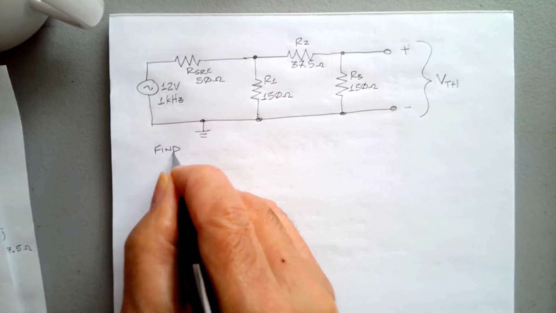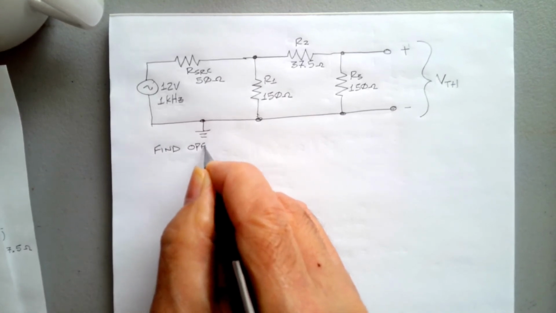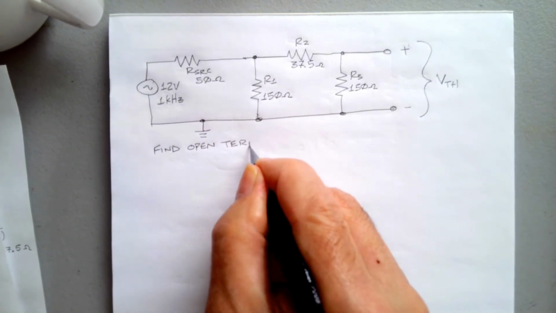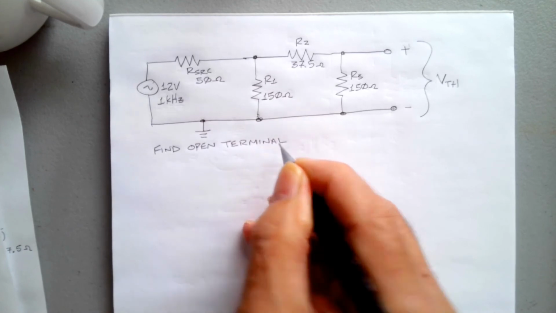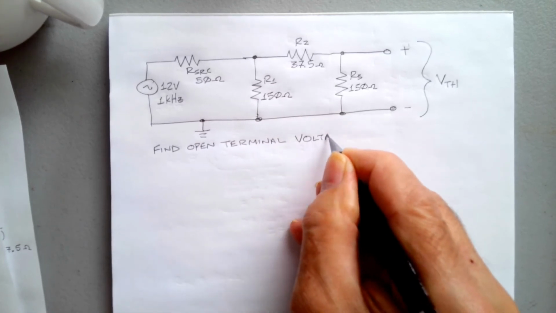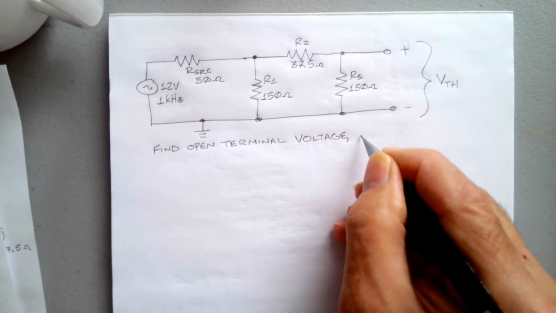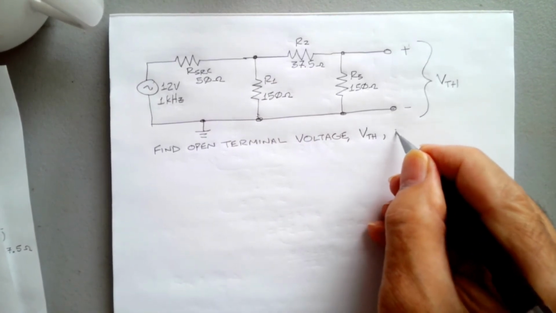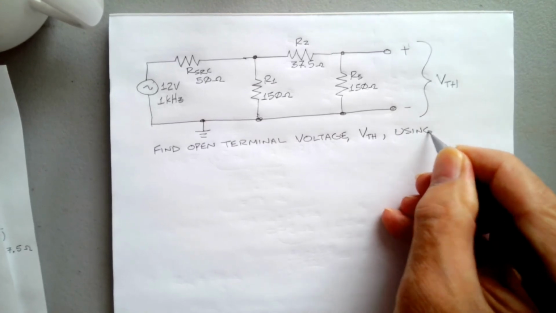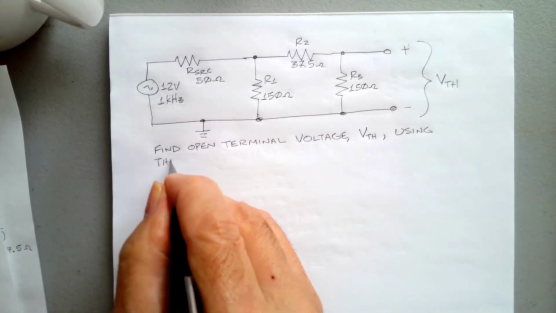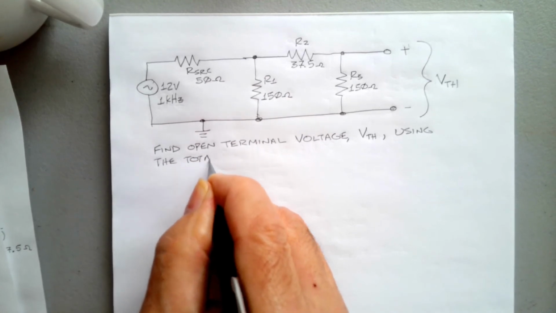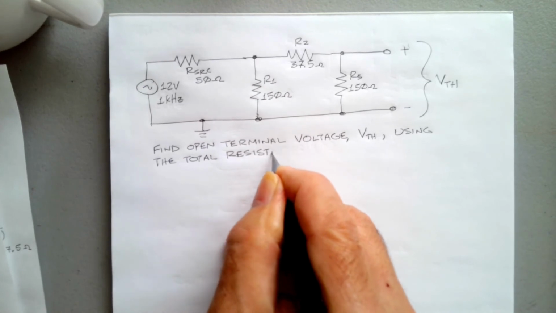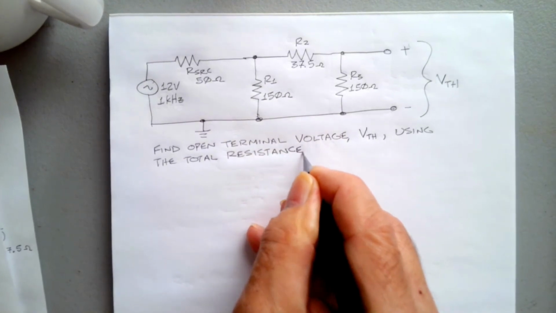So we'll say: find the open terminal, open circuit, open load, whatever you want to call it, voltage, V Thevenin, using the total resistance method.